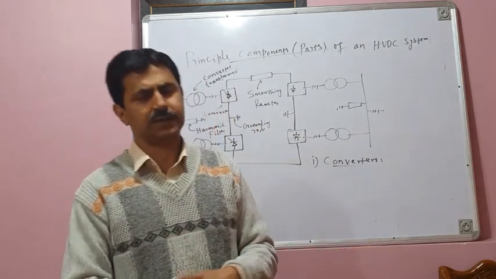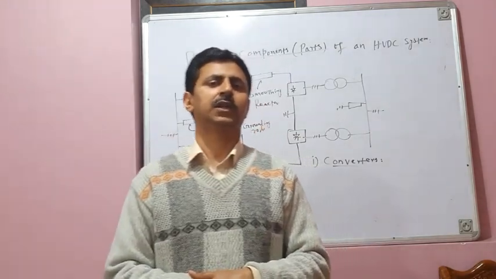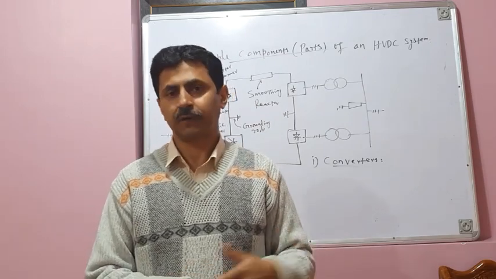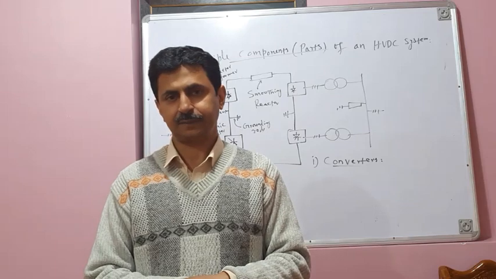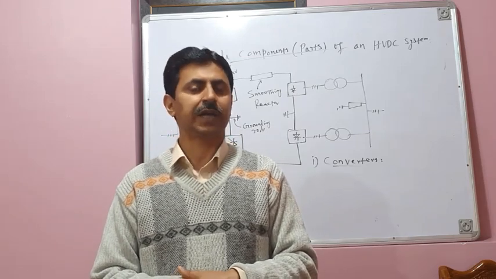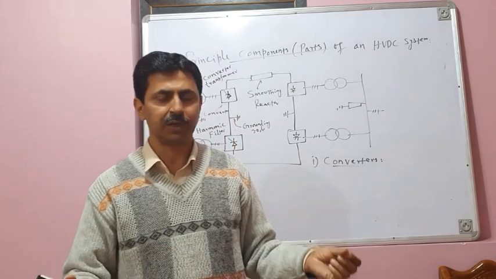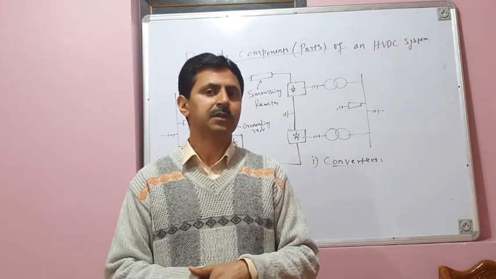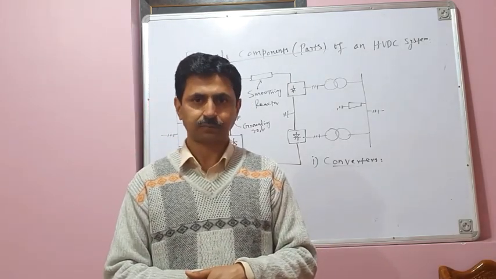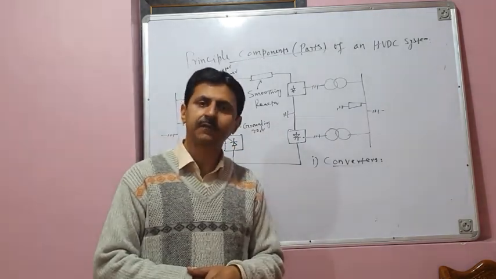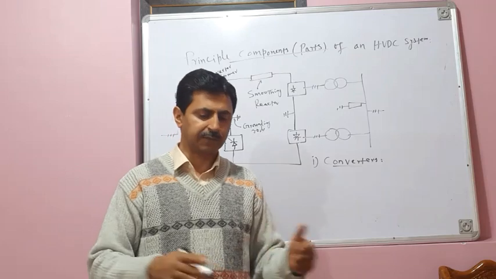In that case, this will be your rectifier station and this will be your inverting station. Anyway, whether it's a rectifier station or an inverting station, you will have converters on both the sides, line commutated converters using thyristors, SCRs. Now, converters are the most important part of your HVDC power transmission system. Now, you either use 6 pulse converters or you use 12 pulse converters.